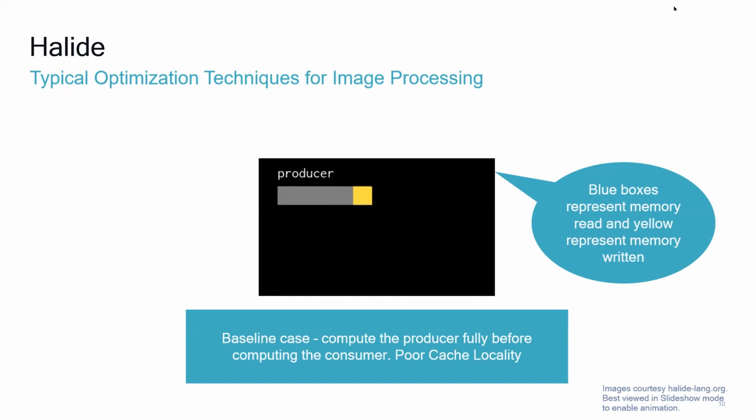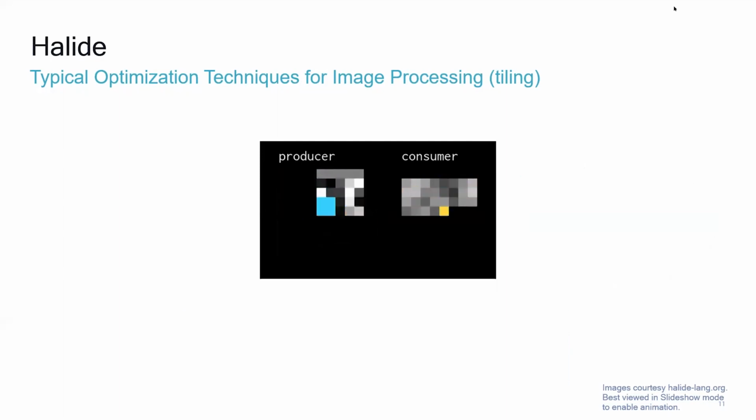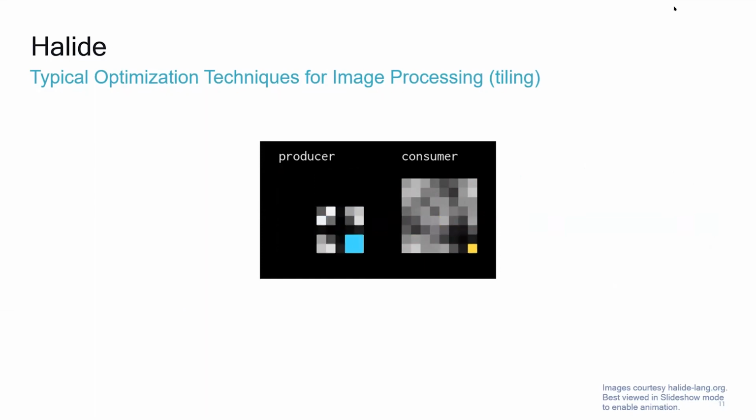Okay. So now let's see the next part. What we can do is what we are doing here. I'm just taking you through some image processing concepts so that you are able to appreciate the later slides or the later presentation. Here we have tiled the producer in 4 parts.